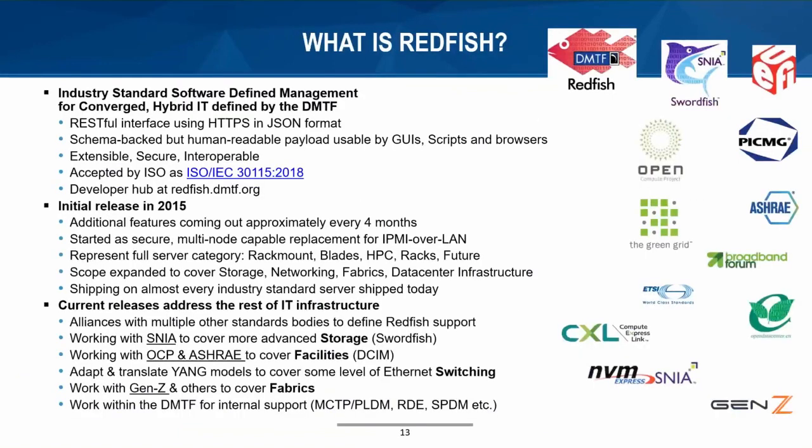So what is REDFISH? We don't have time to do much with a REDFISH description here. You can read the details on this slide later. Verbally, here's what's important about REDFISH for today. It's a RESTful API.